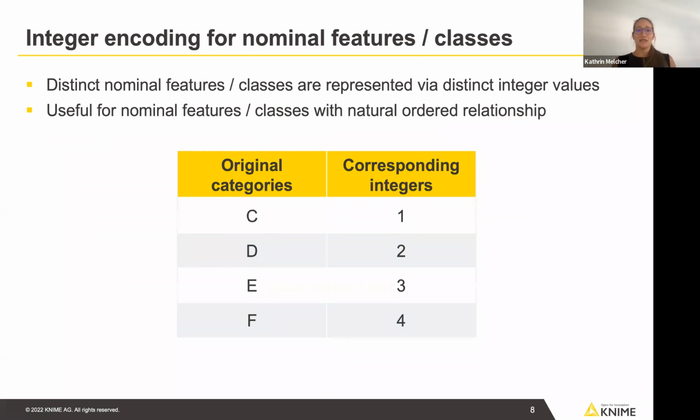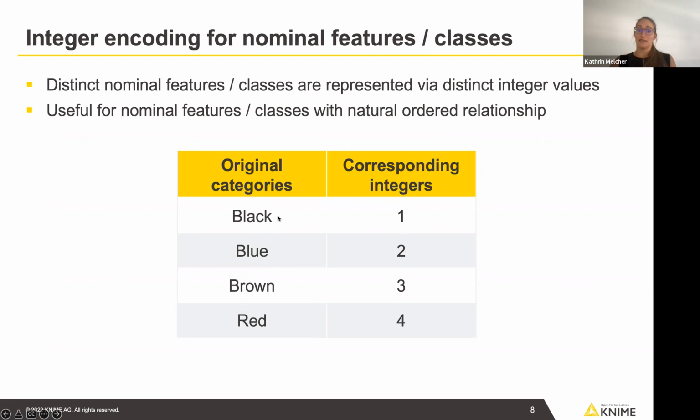And this integer encoding is always helpful if we have a natural ordered relationship. Because if we don't have an ordered relationship in our feature, then we introduce something into our neural network that is not present, which is a distance between the different values that we have. In this case, for example, if black is encoded with 1 and blue with 2, then the distance between black and blue would be 1.